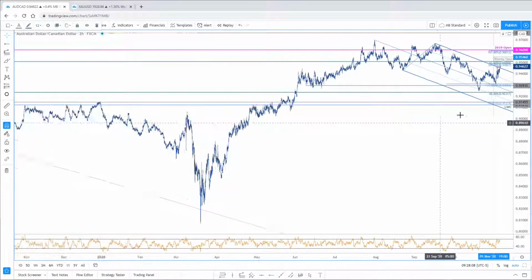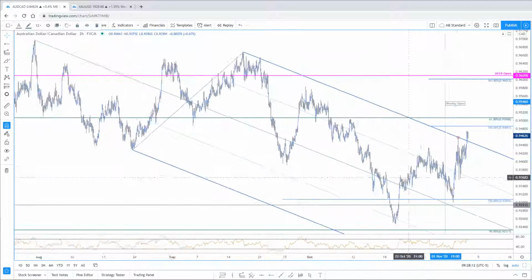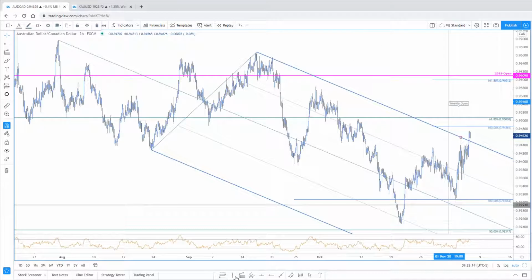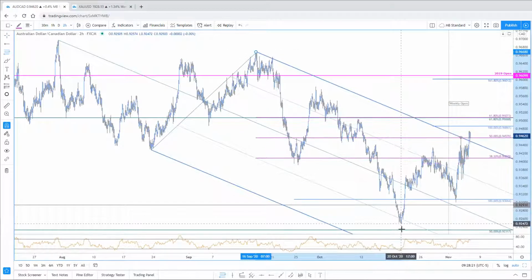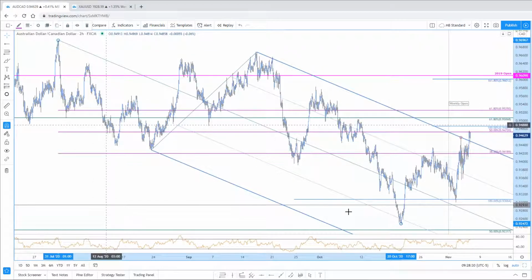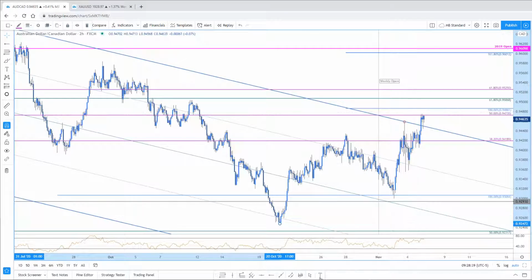Again, I'm not sure where this 618 is coming from, so let me just cross-reference this real quick. Okay, look for resistance in this 20 pip zone right here.